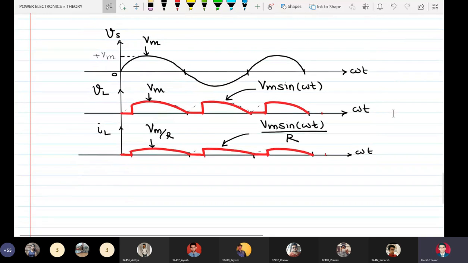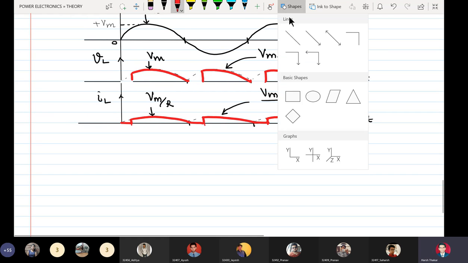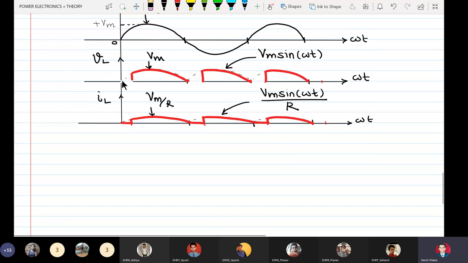We'll make some modifications here. See, the modifications come only in these portions. So this waveform, which is supposed to end at pi.